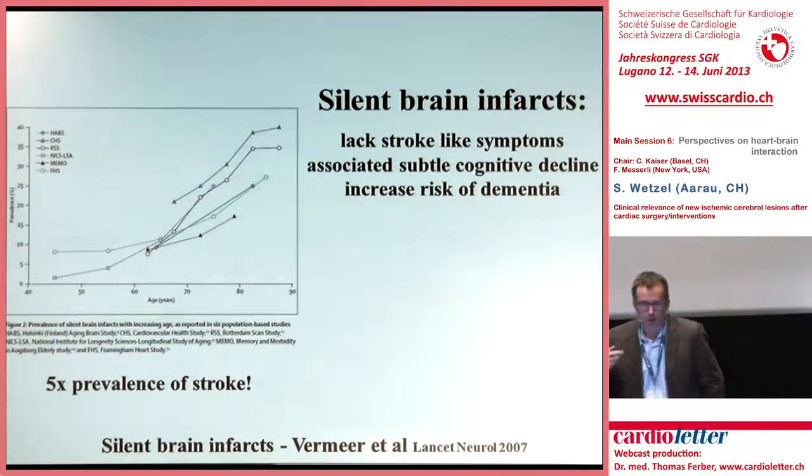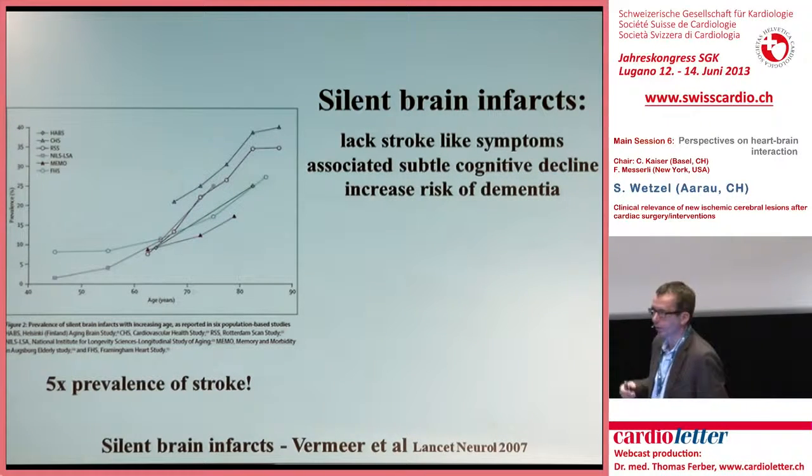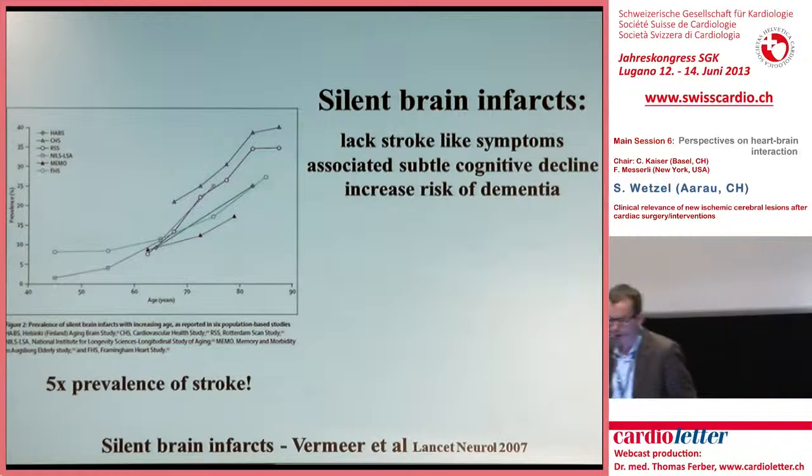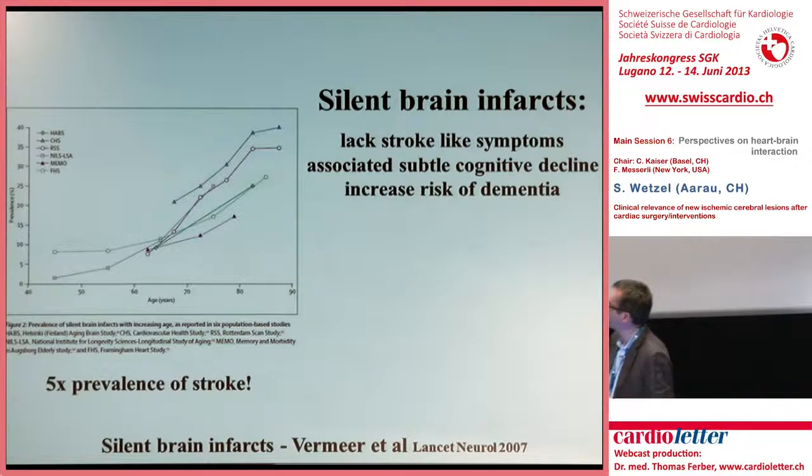Now, evidently, if we think about diffusion-weighted images, we think about acute stroke and treatment options and so on. However, silent brain infarcts are much more common, 5 times more than overt stroke.